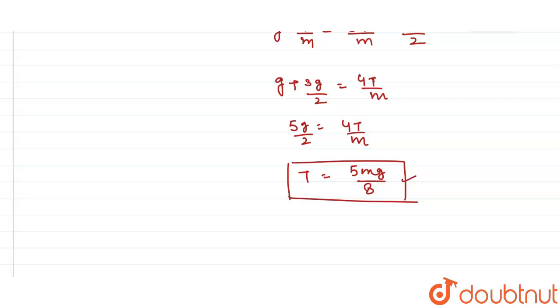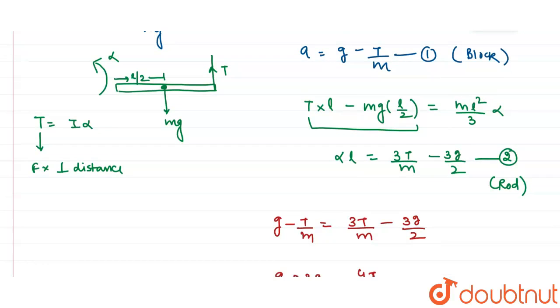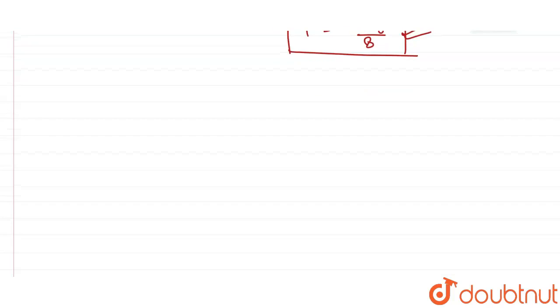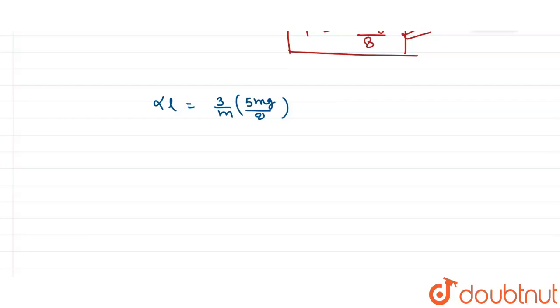Now if I put the value of T in equation second, alpha L equals to 3T/m minus 3g/2. If I put the value of T in this, alpha L equals to 3/m times (5mg/8 minus 3g/2).